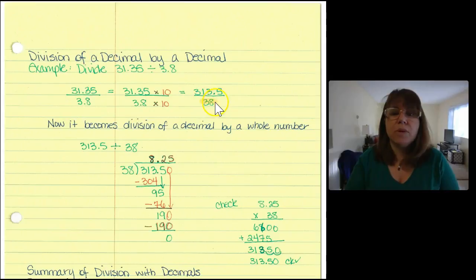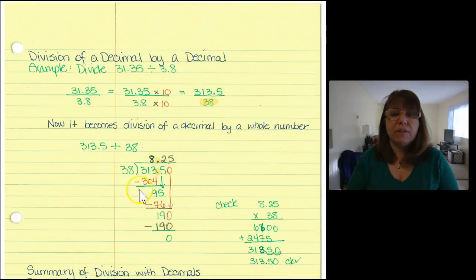So this number on the bottom, if we were to set it up like a fraction, must be a whole number. Now we can do a decimal by a whole number division. Bring up the decimal point exactly where it is, straight up, and then 38 goes into 313 8 times. 8 times 38 is 304, subtract, we get 9.